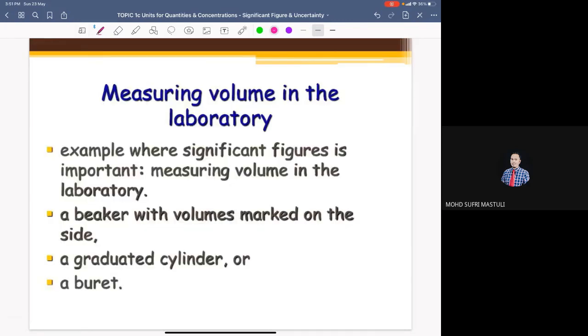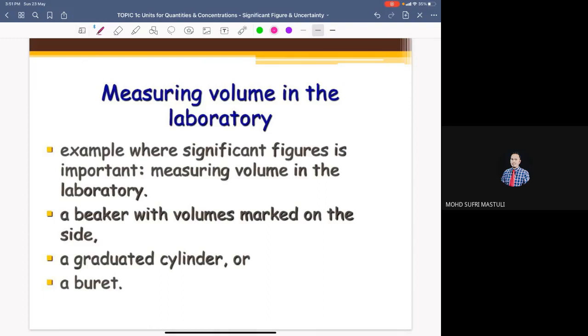Now we try to understand significant figures in laboratory glassware measuring. For example, we want to measure the volume of a solution in the lab. This is where we apply the concept of significant figures.